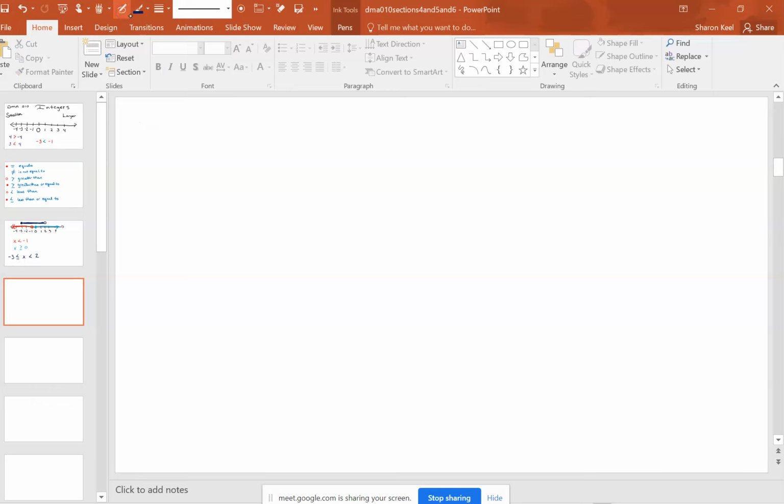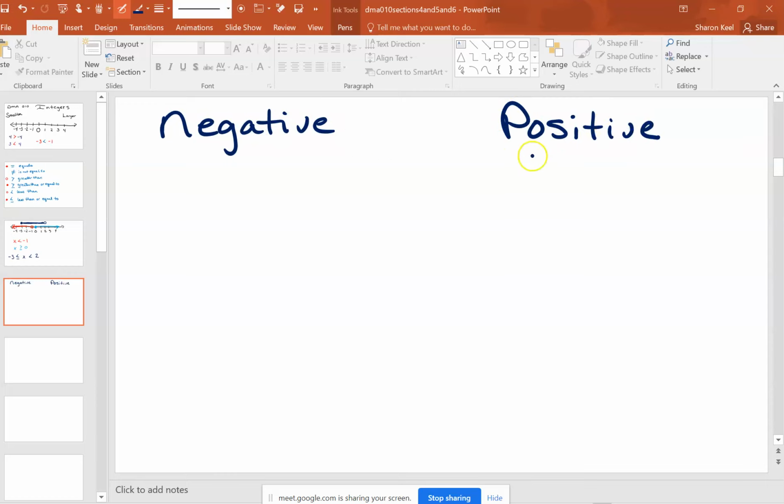Another thing to keep in mind is vocabulary for something being positive or negative. Let me make 2 columns for this. Let's write the terms negative and positive, and as I give you a term, we'll determine which column it goes under.